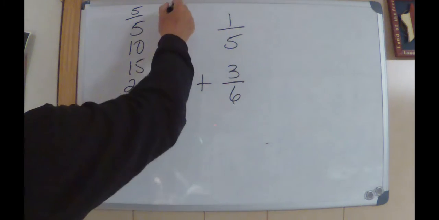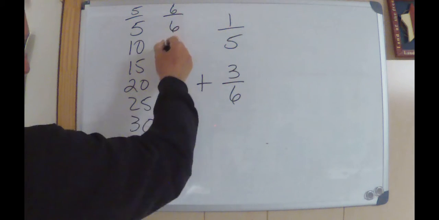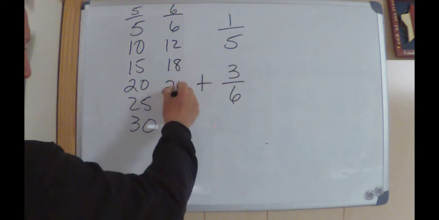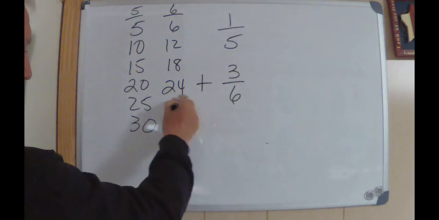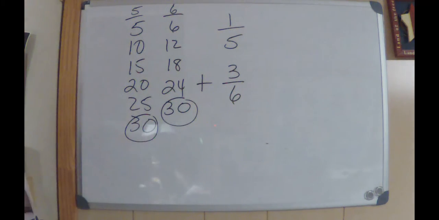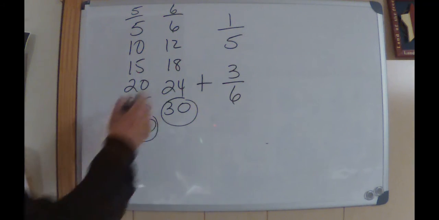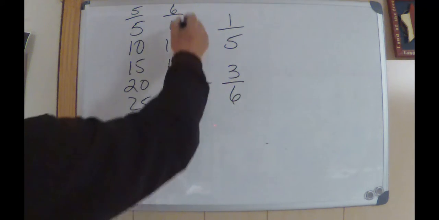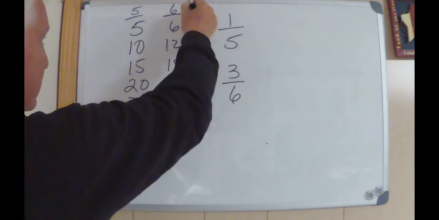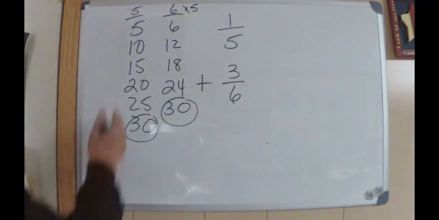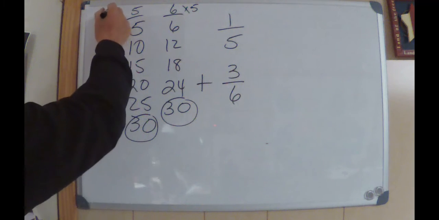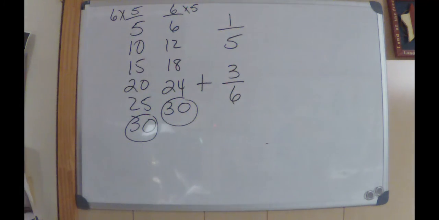And to skip count my 6s, I'm going to go 6, 12, 18, 24, and 30. And what I'm looking for here is a common denominator when I skip count these. Well, I now know that 1, 2, 3, 4, 5 times 6 gives me 30. And then I can go back over here and go 1, 2, 3, 4, 5, 6. 6 times 5 is 30.